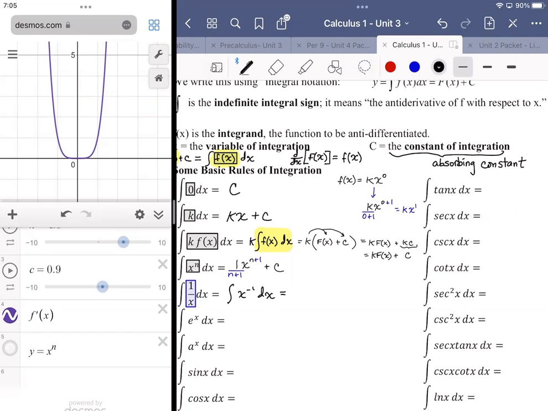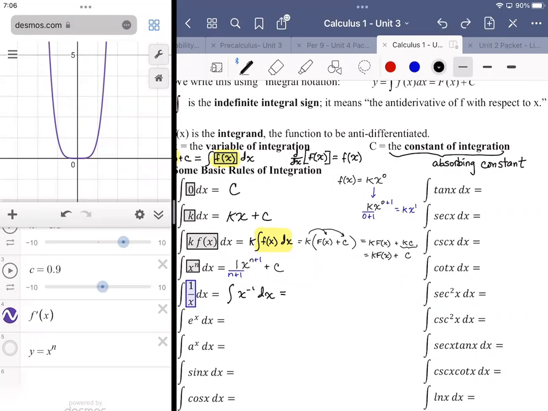And this is what I meant before when I was saying that your knowledge of derivatives will help you immensely in finding antiderivatives. It's one thing to be able to look things up, it's another thing to actually know it. So the derivative of the natural log of x is equal to 1 over x. Right? So this stuff becomes irrelevant, except to remind yourself that if you try this process, the reverse of the power rule, or even if you want to write it this way, it's not going to work.